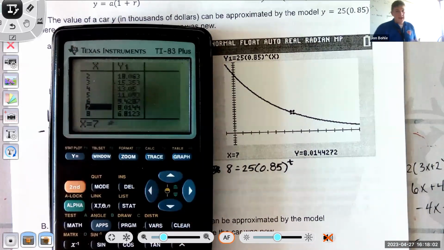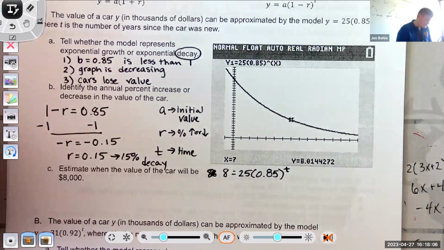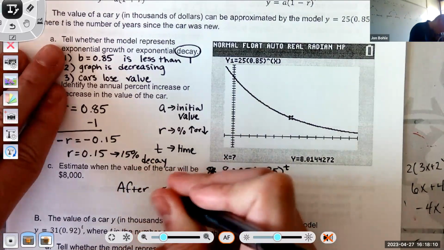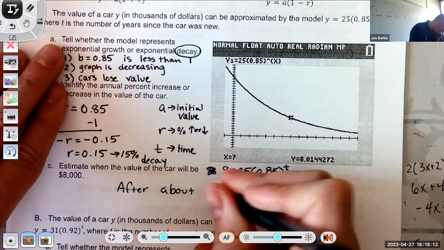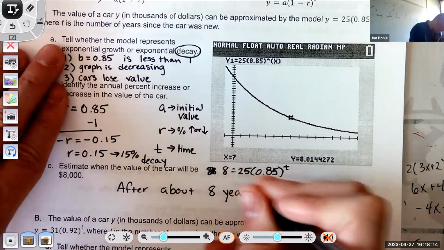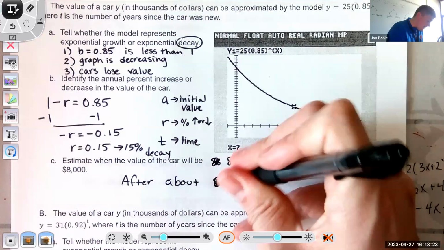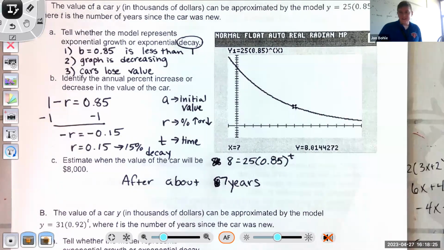So how long after we buy this car is it going to be worth $8,000? After about 7 years, we know the car's worth about $8,000.